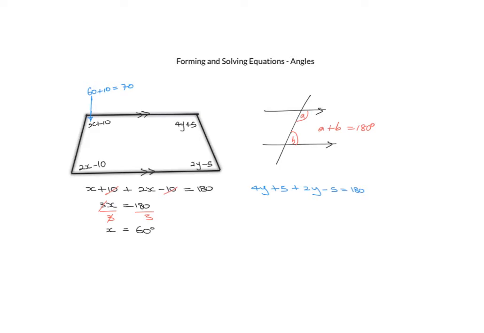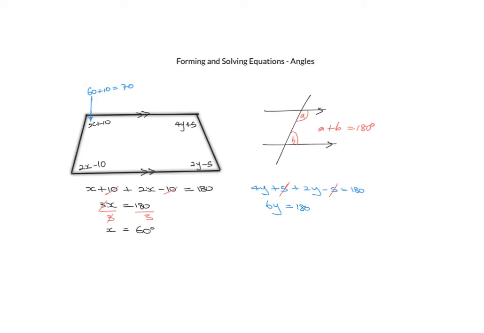Again, add up the common items. So 4y plus 2y gives me 6y. And then I've got 5, take away 5. Well, that's gone. And what I'm left with is it's equal to 180 degrees.